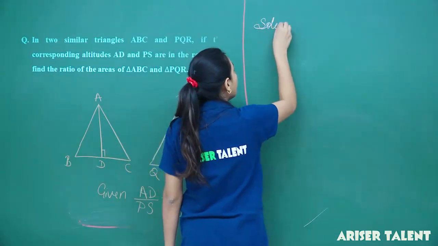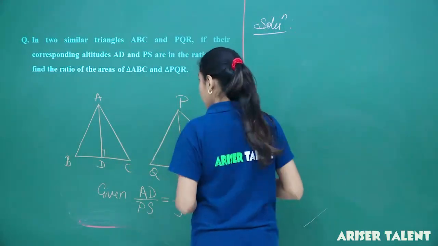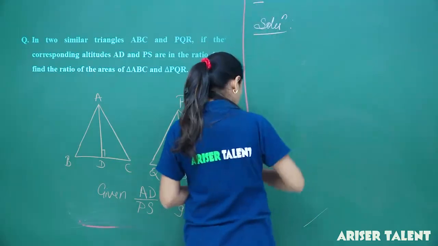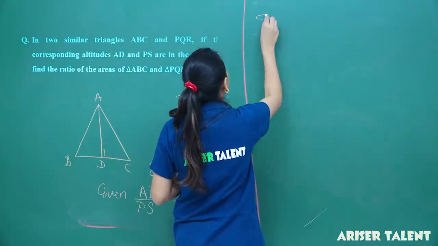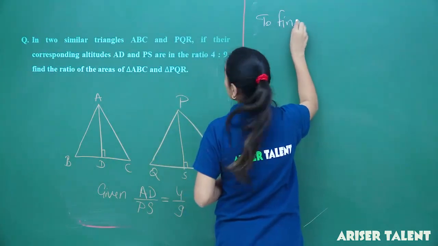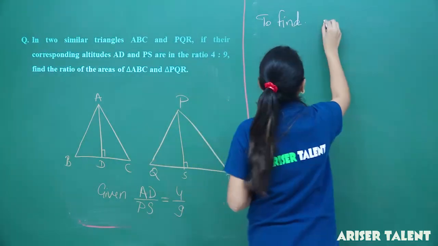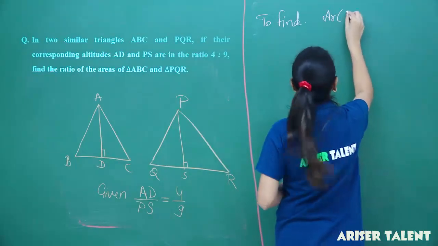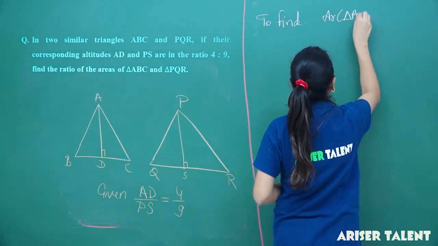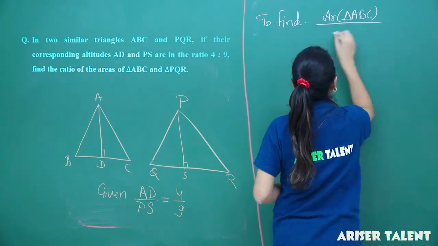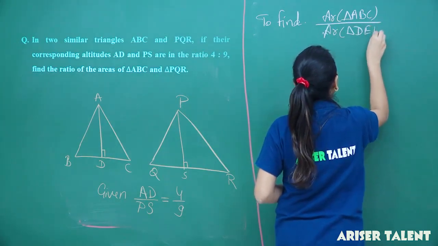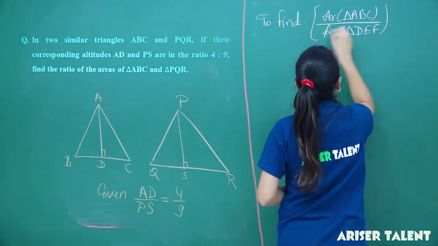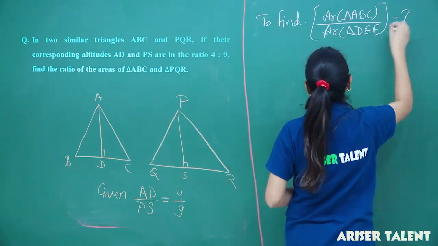That's the solution. To find what we have to find: area of triangle ABC upon area of triangle PQR equals what? We have to find.